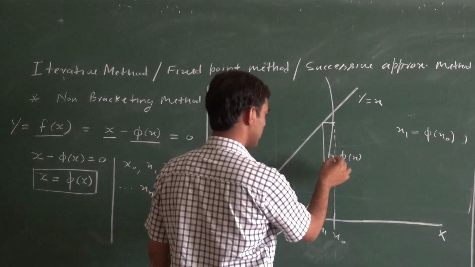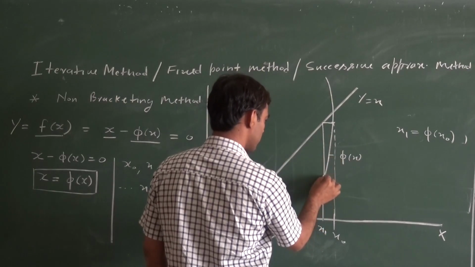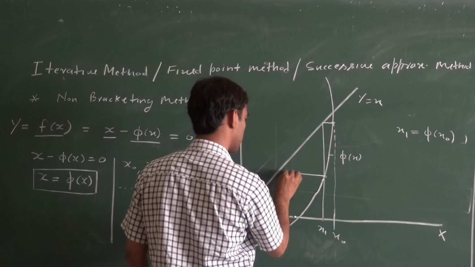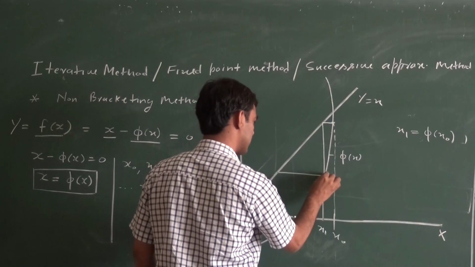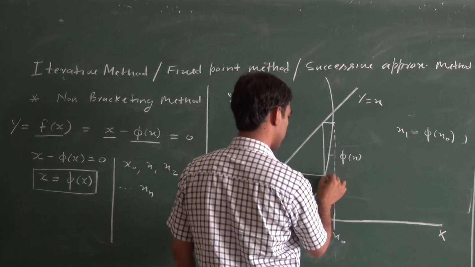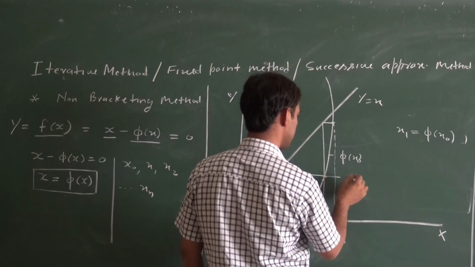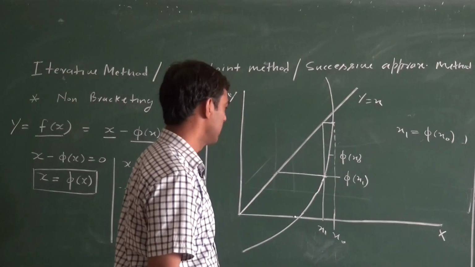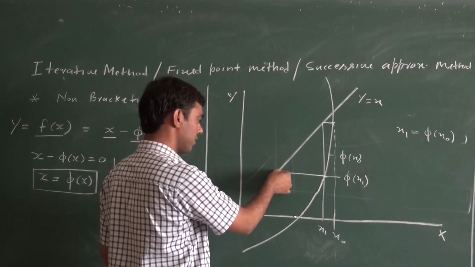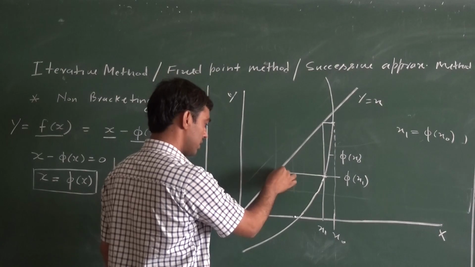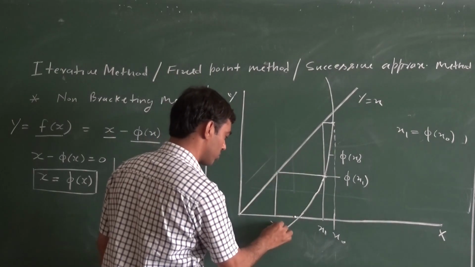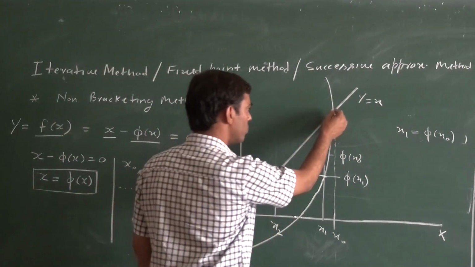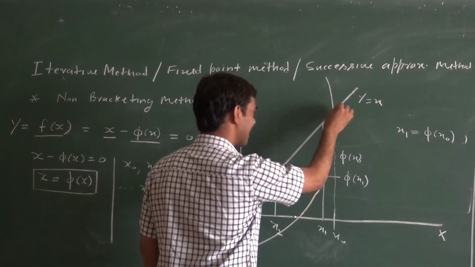Similarly, the value of the function at x1 is phi x1, and its point of intersection with y equal x is x2.